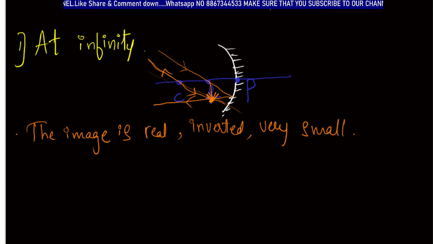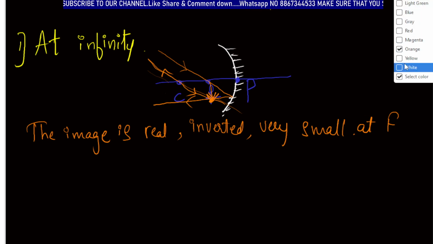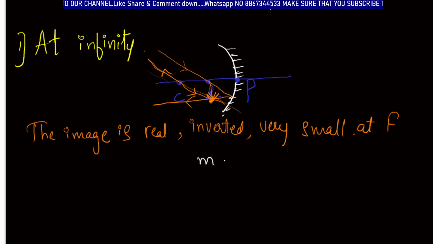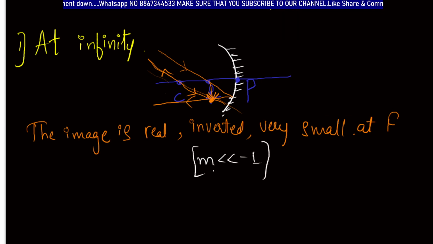You should remember these points by heart, so that in the entrance exams you can answer it in a second. The image is real, inverted and very small, and it is placed at the focus. And what is the magnification? Magnification is much less than -1. What does that mean? The image is very small.